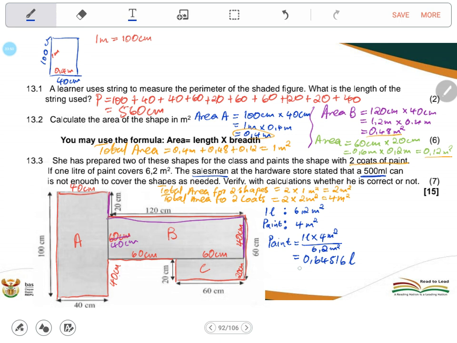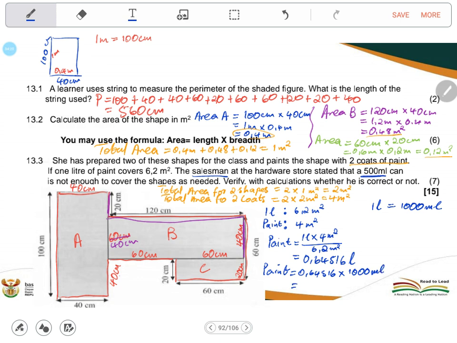So from here we'll say the paint, now we need to compare milliliter by milliliter, so the paint will be 0.64516 multiplied by, now 1 liter is equal to 1000 milliliters. So we'll simply multiply this by 1000 milliliters.